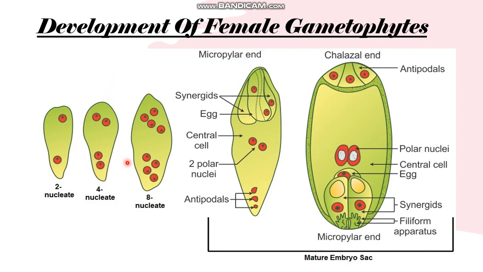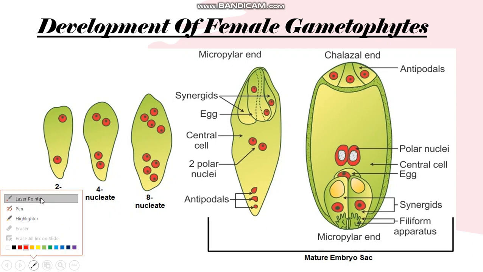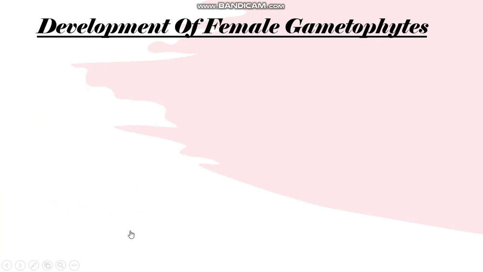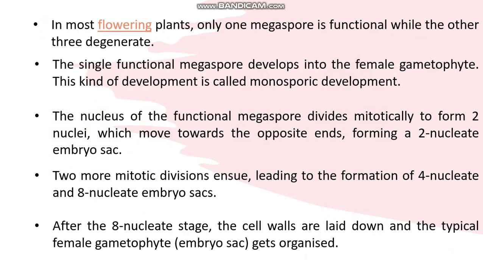Then it further divides by mitosis and that results in the formation of the 8 nucleated stage of the embryo sac.